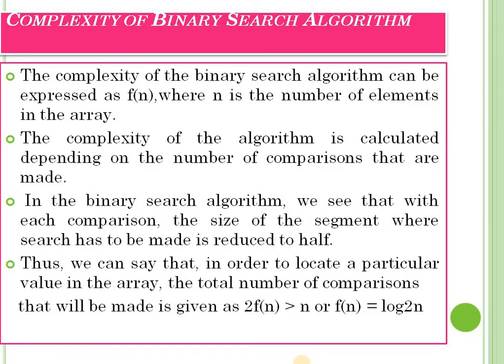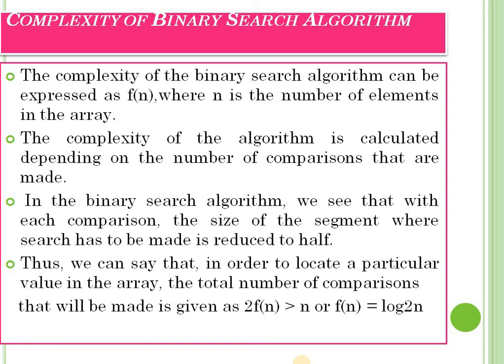Now, complexity. Here, the complexity of the binary search algorithm can be expressed as f of n, where n is the number of elements in the array. The complexity of an algorithm is calculated depending on the number of comparisons that are made. In binary search, we see that with each comparison, the size of the segment where the search has to be made is reduced to half.